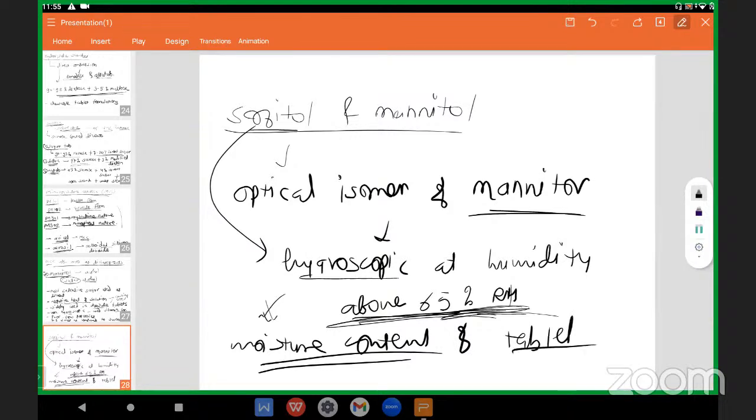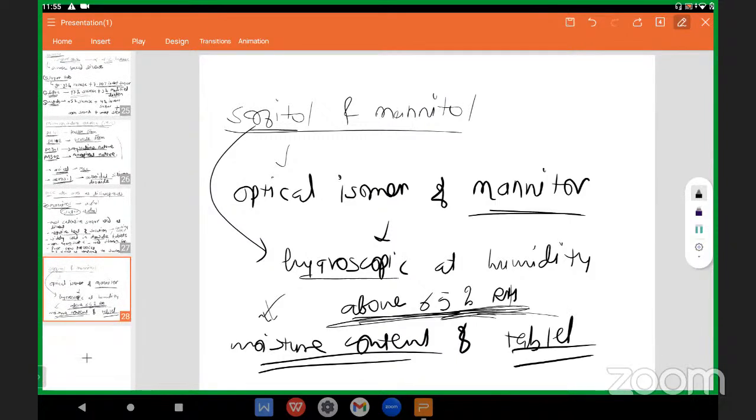You have this point? Yes, any doubt here? Regarding sorbitol and mannitol? No. Okay, good.